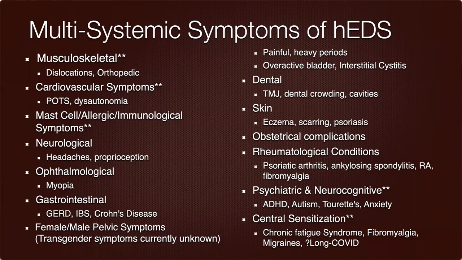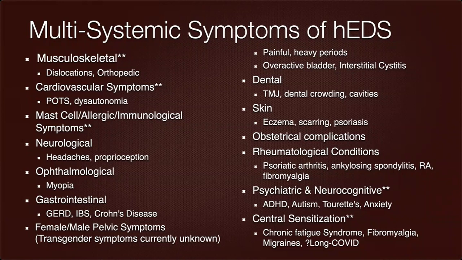Usually most people are nearsighted with hEDS. Lots of gastrointestinal concerns, most commonly reflux because the sphincter is very loose. IBS is kind of multifactorial. It can be towards constipation or towards diarrhea, and a lot of people have both.